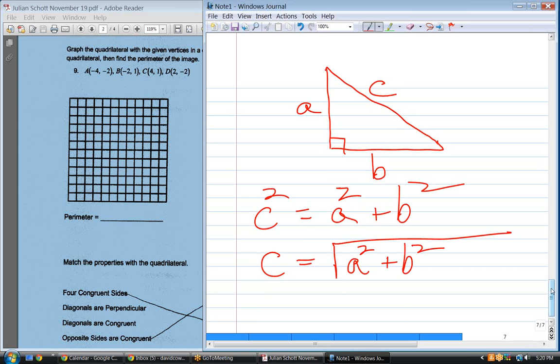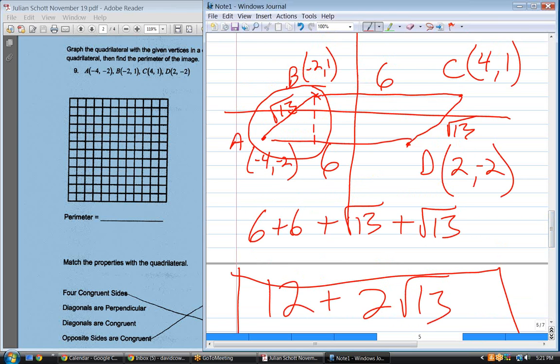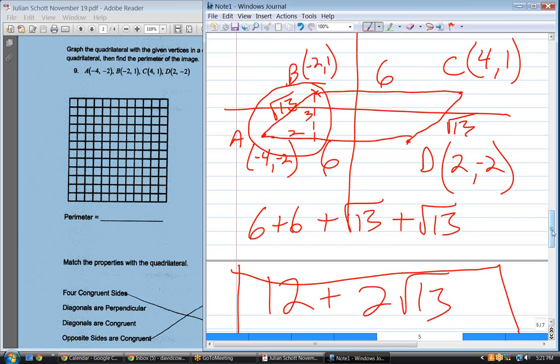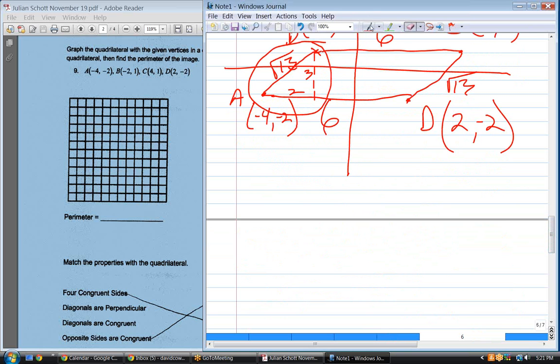Now, in our triangle, that's exactly what we're solving for, the hypotenuse. We know this side here is the distance from -4 to -2, so that's 2. This vertical distance is the distance from 1 to -2, so that's 3. So now I have a triangle with sides of 2 and 3.